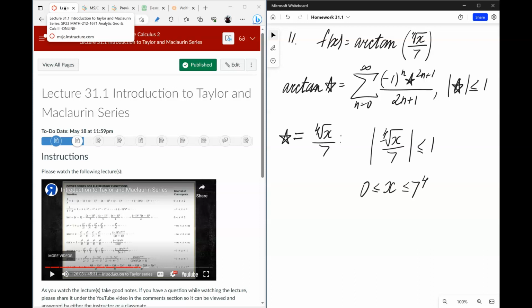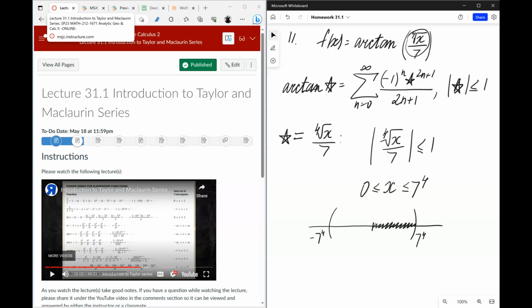So I'm wondering about the interval of convergence. Because of the constraint on x here, normally you would say the interval of convergence is from negative 7 to the 4, but x cannot be less than 0.